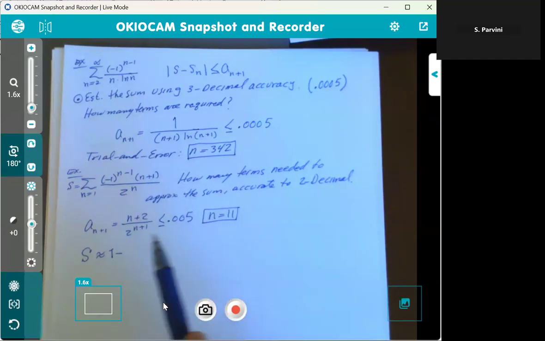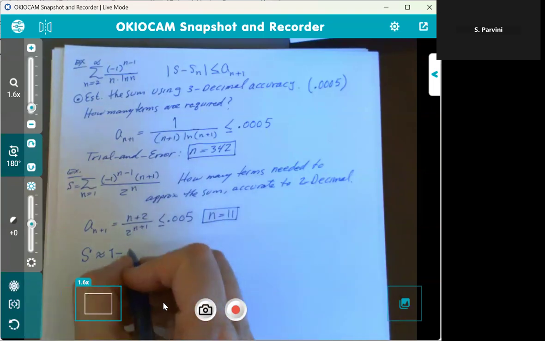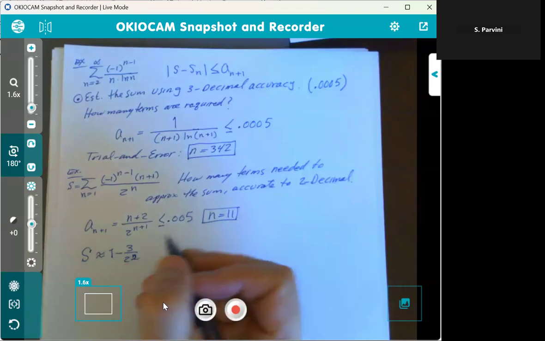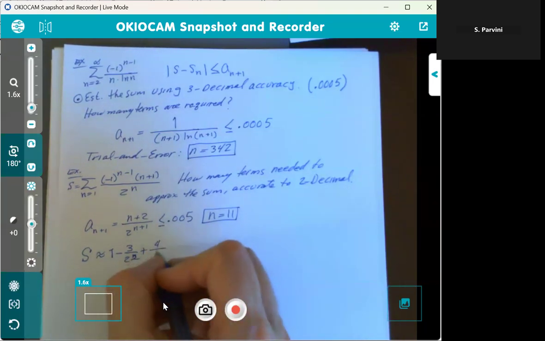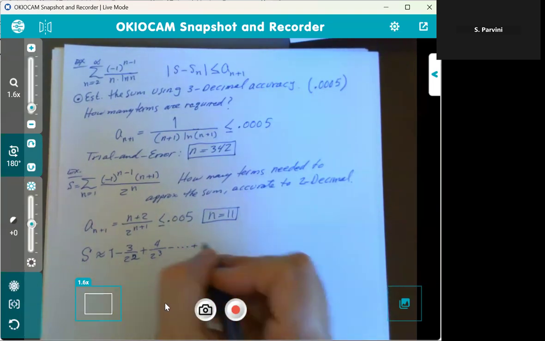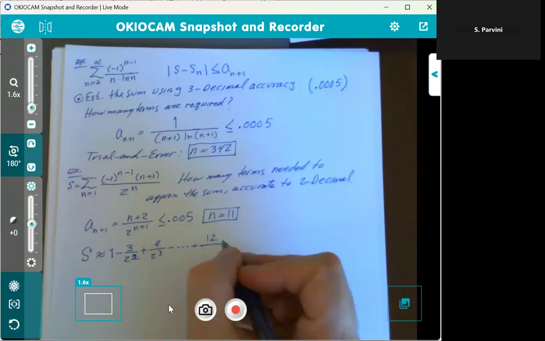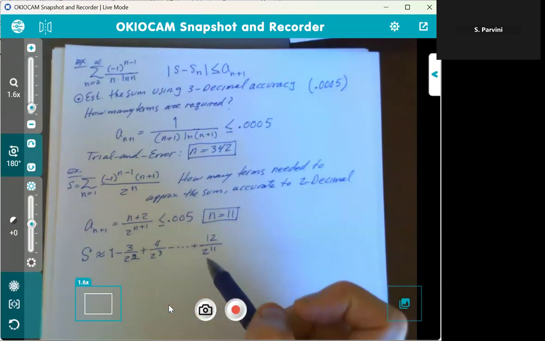When n is 2, 2 plus 1 is 3, and 2 squared is 4. So it's going to be 3 over 2 squared. The next term is going to be positive, then 4 over 2 cubed, negative, and so on and so forth, plus 12 over 2 to the 11. Remember, n is 11. And there you go.